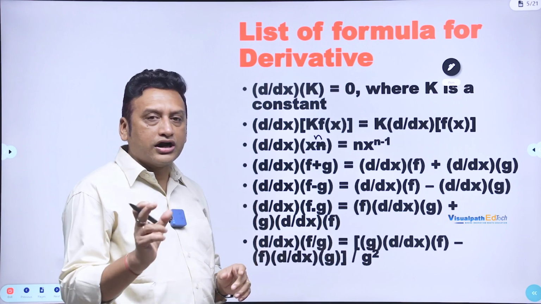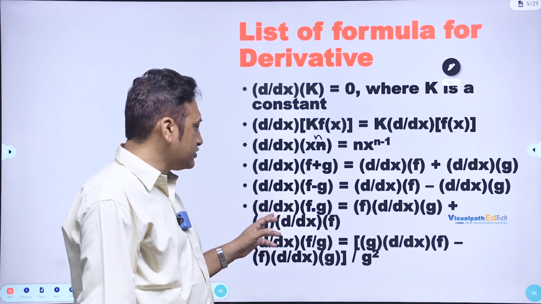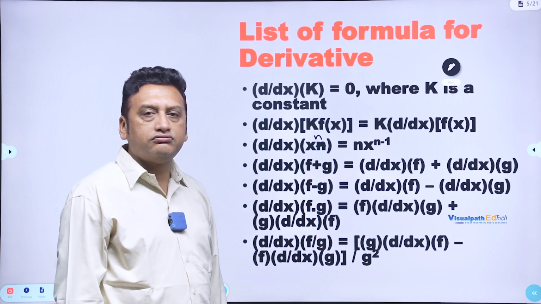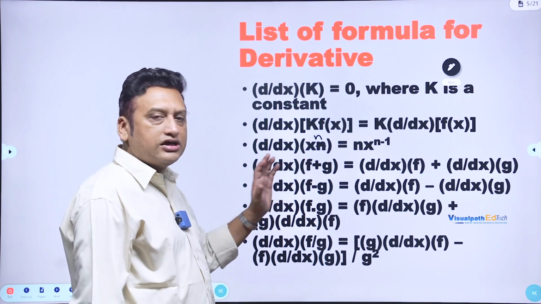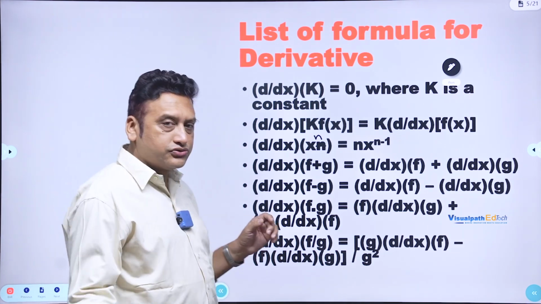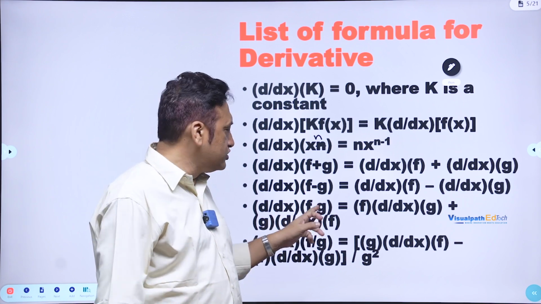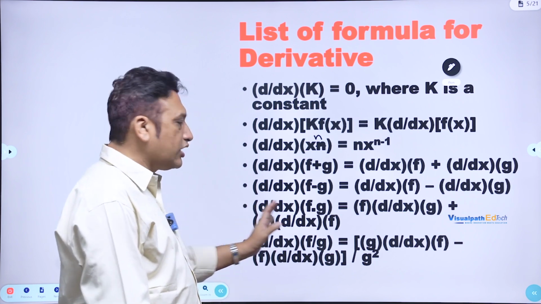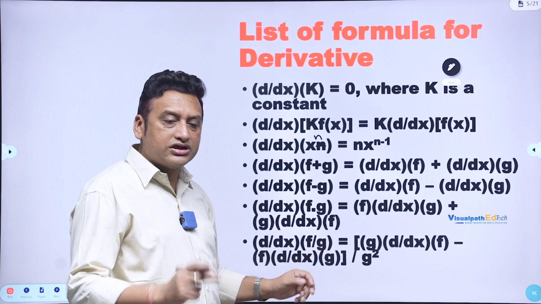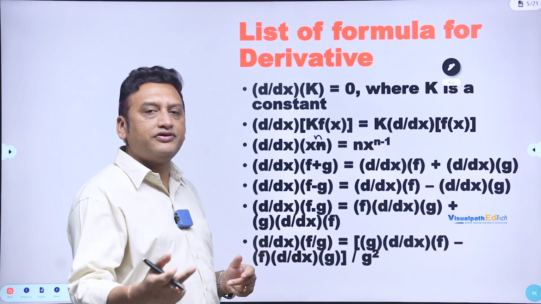Now, the product is slightly different. If you have product f into g and you are asked to find out the d/dx, then unlike sum and difference, it is not just d/dx of f into d/dx of g. No, it has a rule which you have to remember. So normally, if I say f as the first function, g as the second function, then the product rule of differentiation says first function into derivative of the second function plus second function into derivative of the first function.